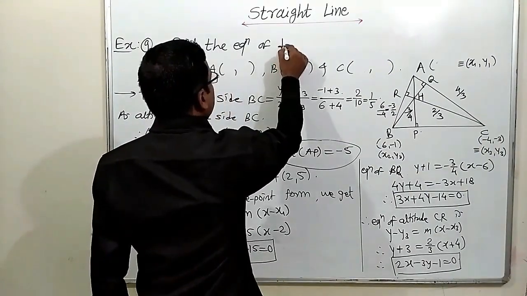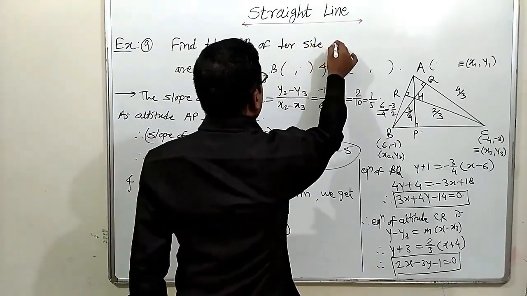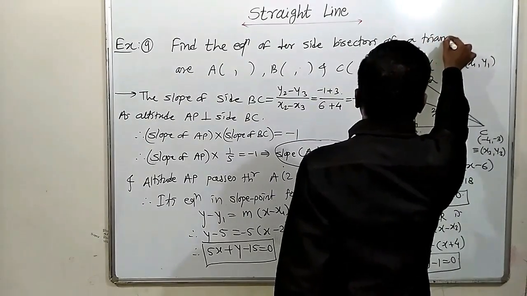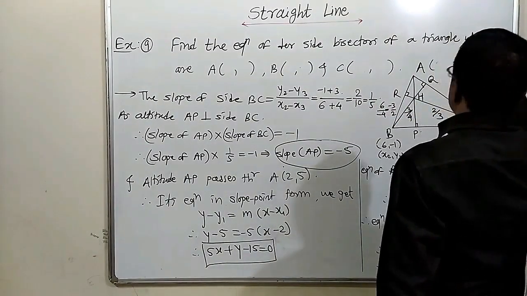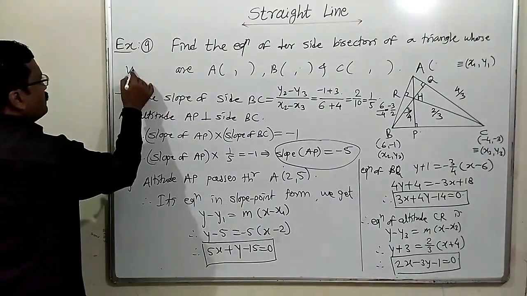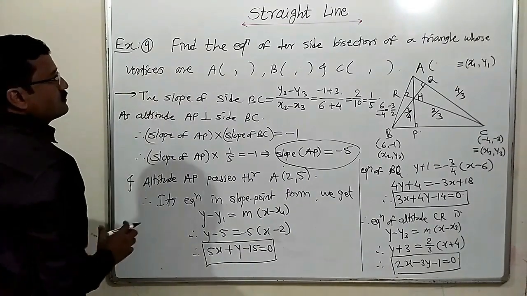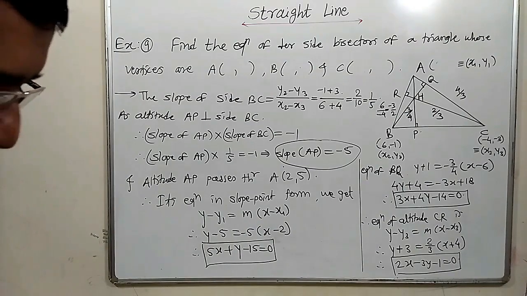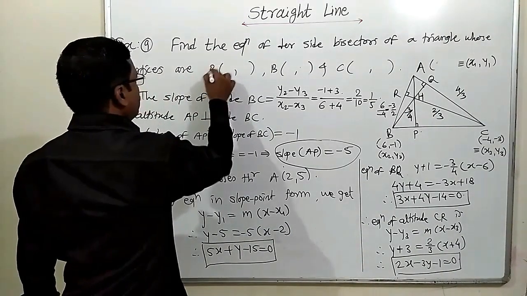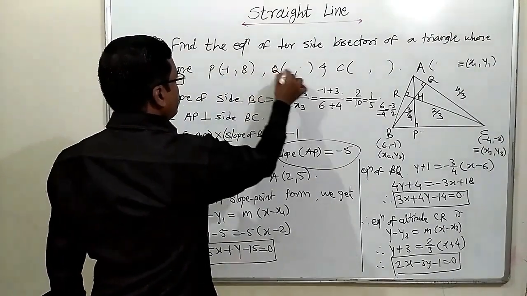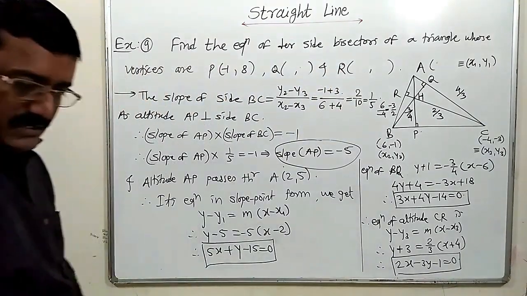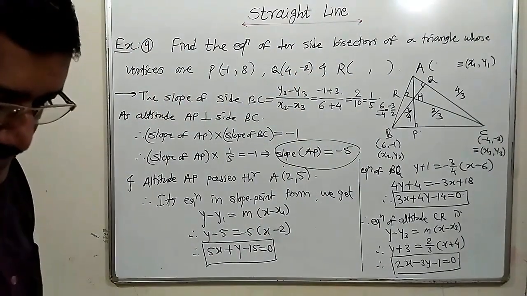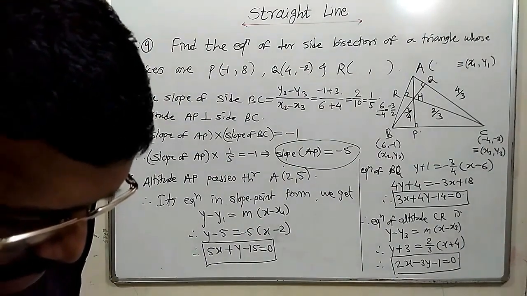Find the equations of perpendicular side bisectors of a triangle whose vertices are P (-1, 8), second vertex Q (4, -2), and third vertex R is (-5, -3).